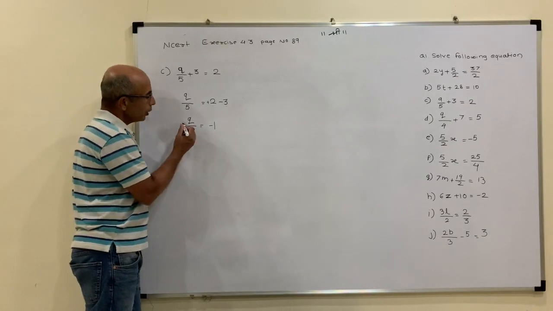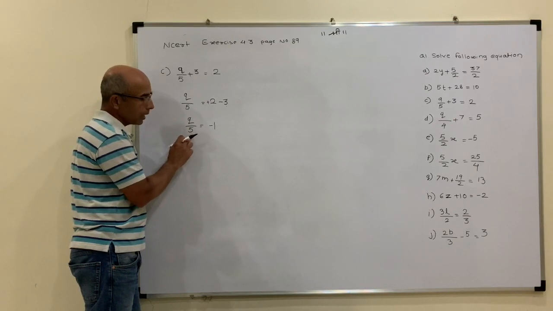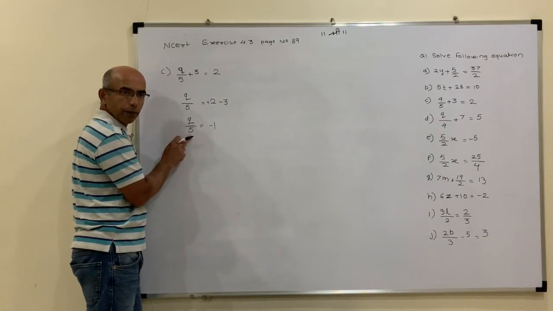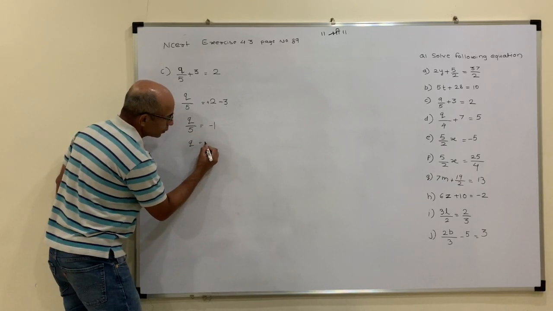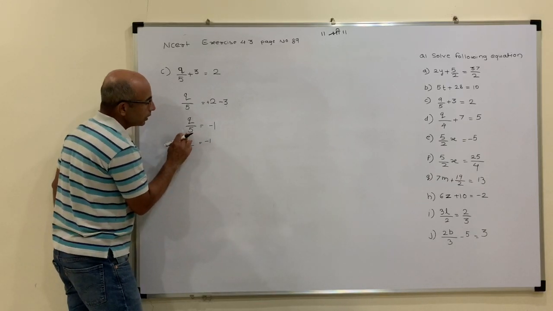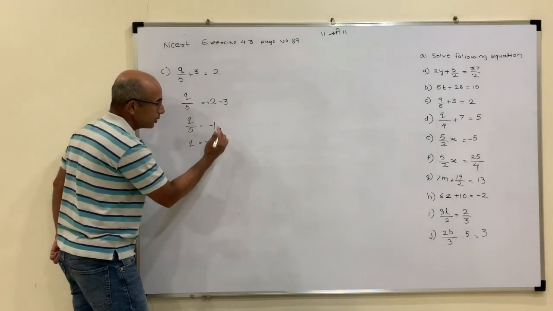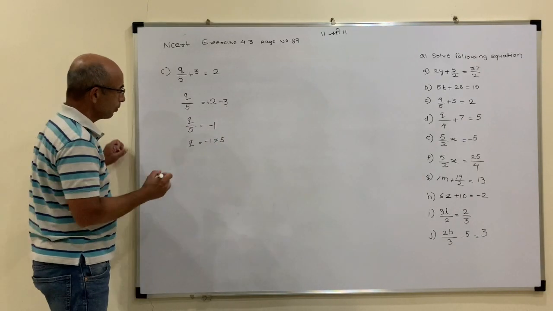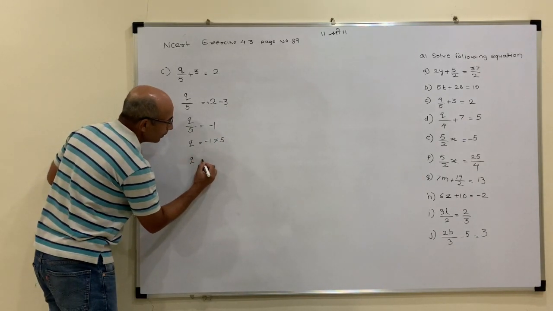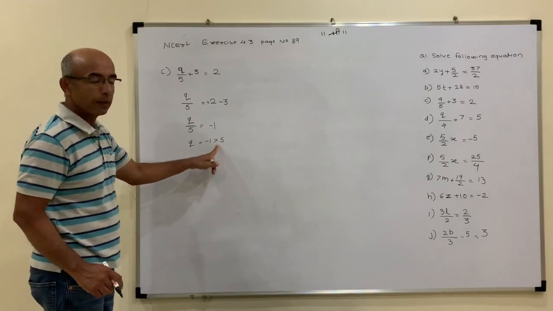So now to isolate q, what am I going to do? I will transpose this divided by 5 onto the right hand side. So the next step will be q equals minus 1. The number which is divided, I am transposing onto the right hand side, so it will be multiplied by 5. So my value of q will be minus 1 into 5. The operation is a multiplication.